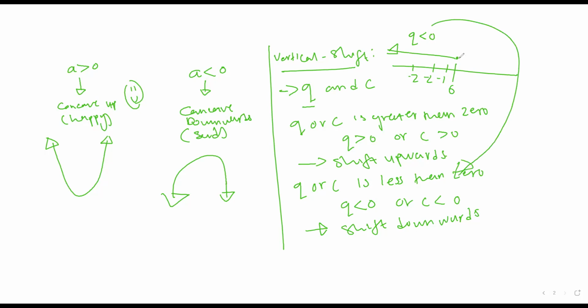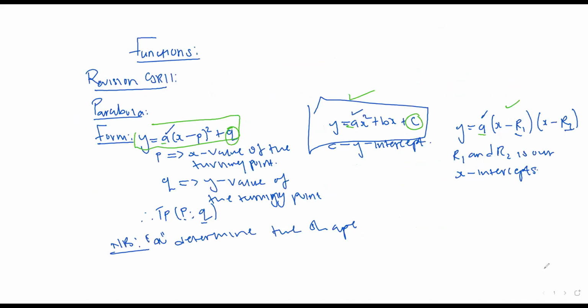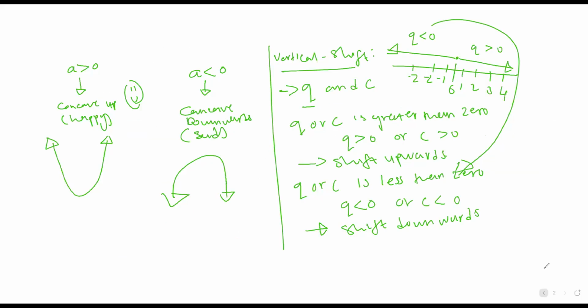Then from here going that side, which is 1, 2, 3, and 4, is where q is greater than 0, and our graph shifts upwards. So they are always like that. You just have to know these conditions.